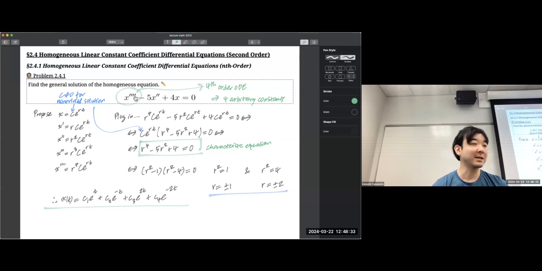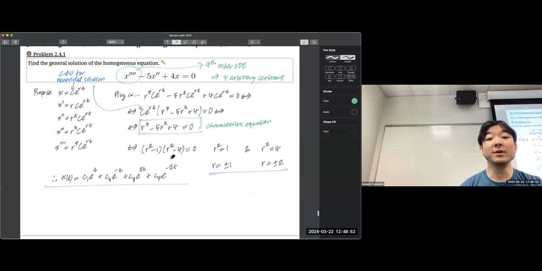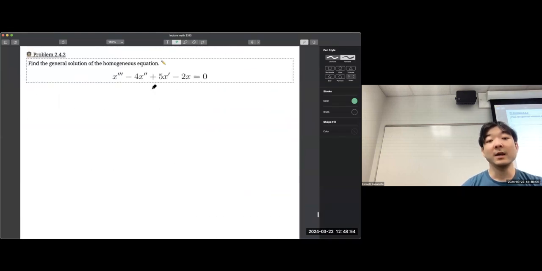Remember, x double prime became r squared, x prime became r, and x just became the constant. Well, that still holds. So x quadruple prime is just r to the fourth. So you don't have to do all this, but that's where this is coming from. So you can build the characteristic equation quickly by just that observation.